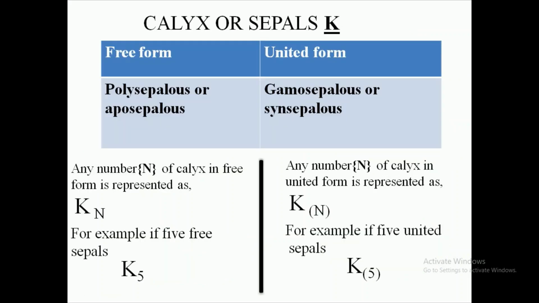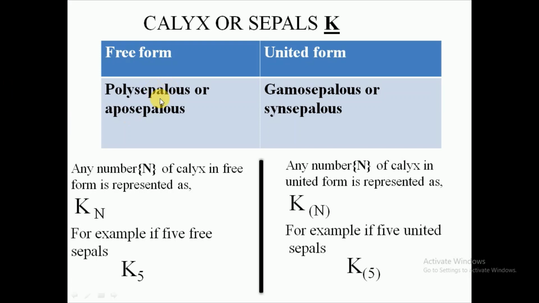I will start with calyx, which is also known as sepal, and the symbolic representation for calyx is K. Calyx can be in free form as well as united form. When it is free we call it polysepalous or aposepalous, and when it is united we call it gamosepalous or synsepalous.